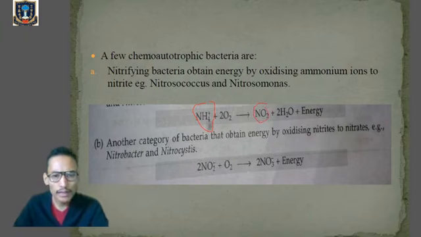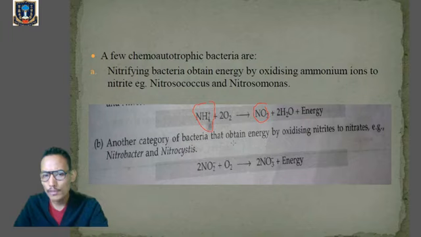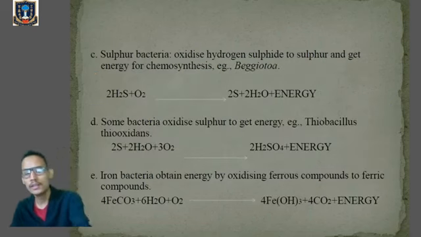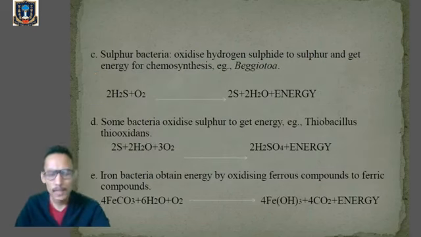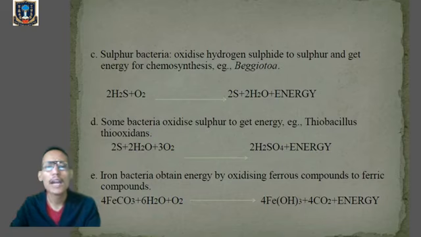Then we have another category of bacteria that obtain energy by oxidizing nitrites to nitrates, as you can see here. Clear? Next, sulfur bacteria, which oxidize hydrogen sulfide to sulfur and get energy for chemosynthesis.